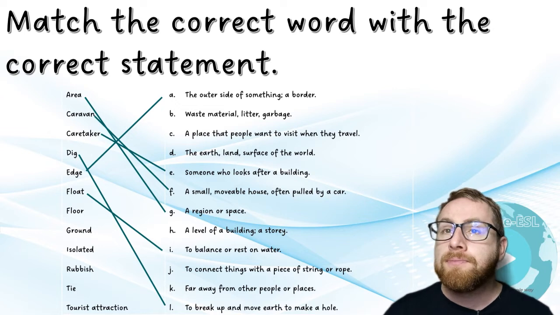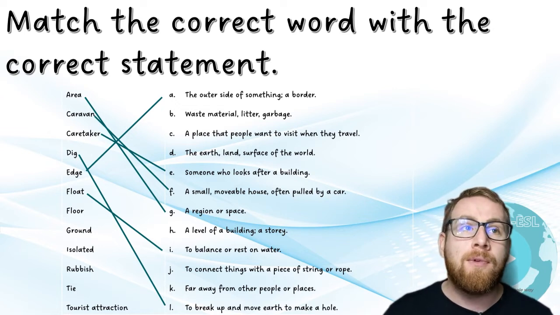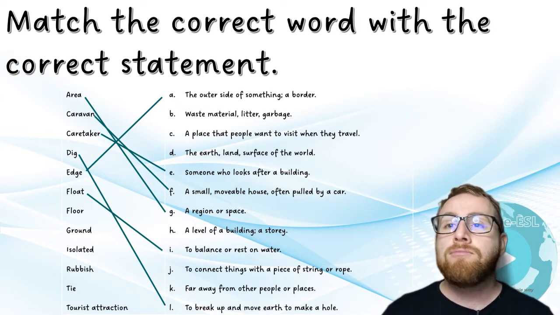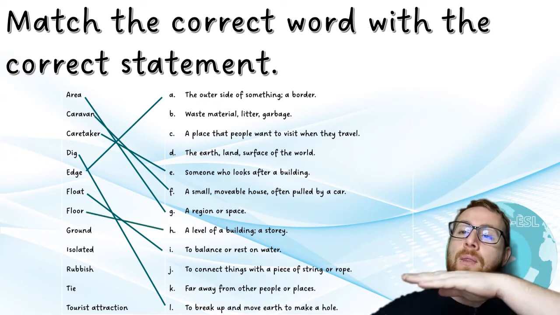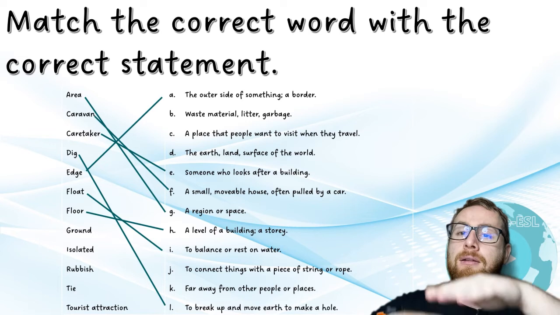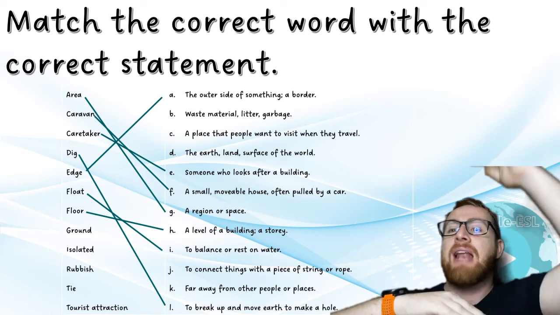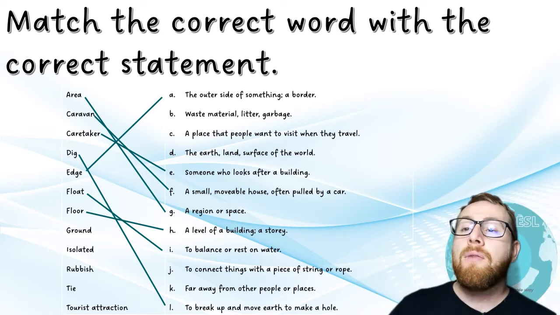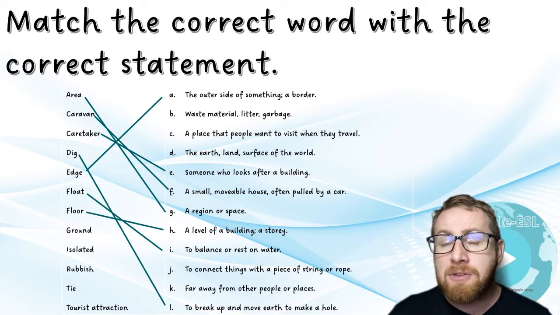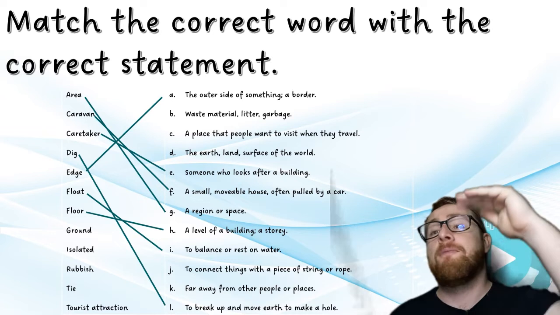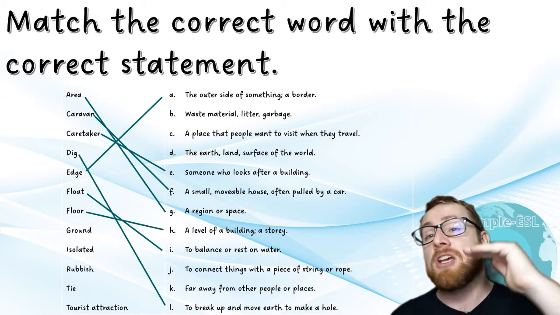Floor. What is floor? Floor? It is a level of a building. Many floors in a flat. Not to be confused with ground. What is ground? So floor is the floors of a building, the levels of a building.